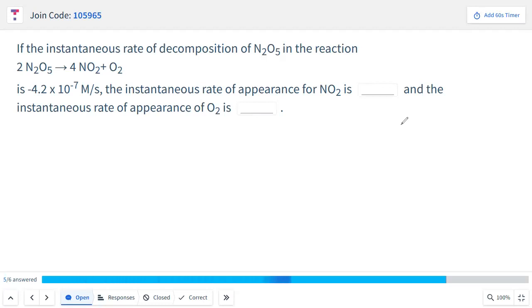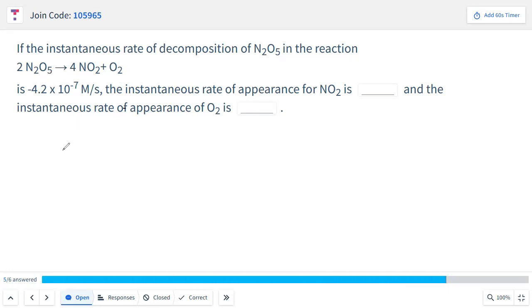Okay, so again, the key here is looking at the stoichiometry, looking at the relationships between the dinitrogen pentoxide, the reactant, and the 2 products.